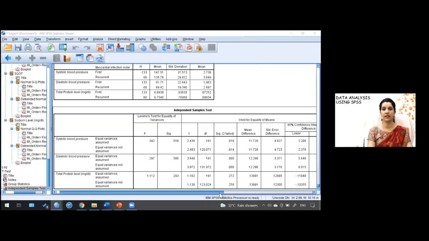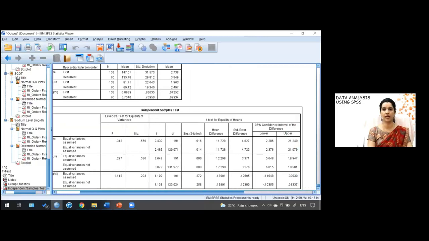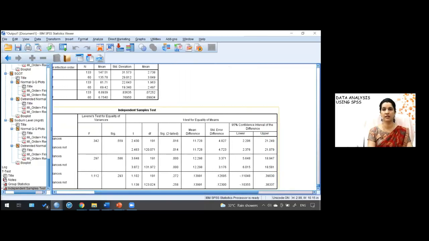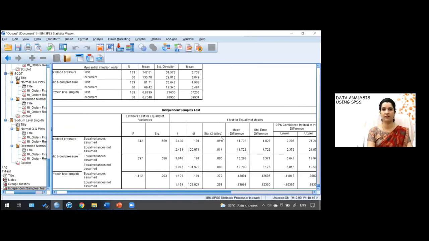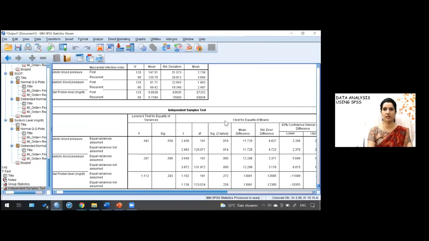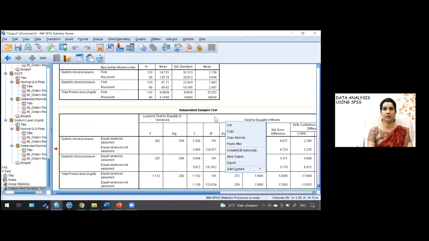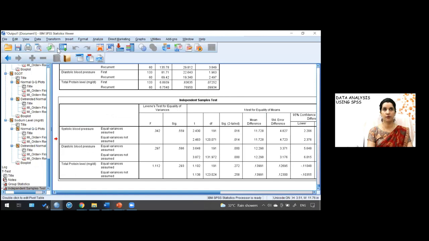So I would have to drag this towards the right side to see the lower and upper value and the mean difference for any value, right? So I find it easier if I transpose this and make it vertical. So what I did, I double clicked this, went to this format option and transposed rows and columns, then just clicked this.